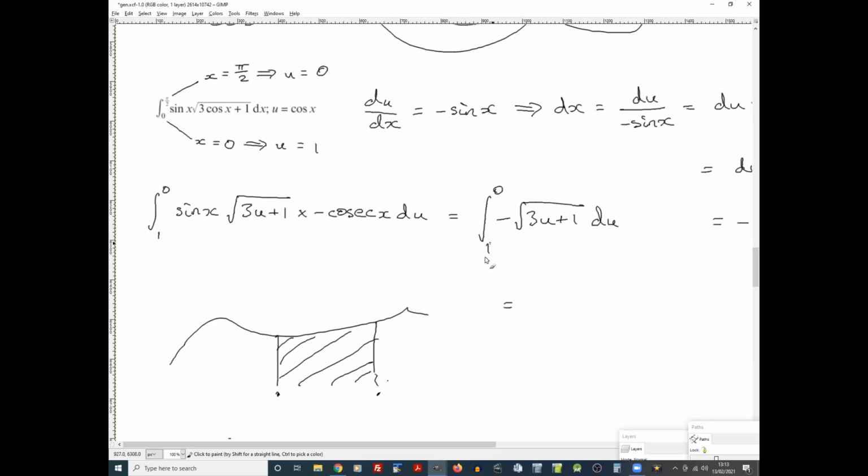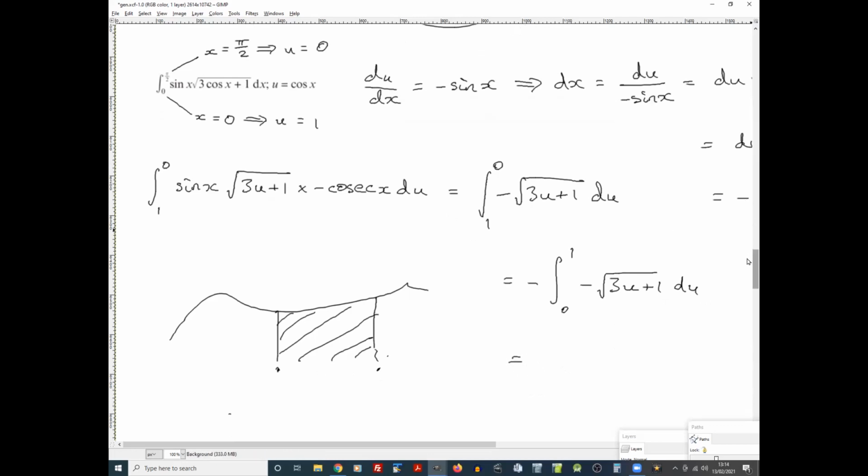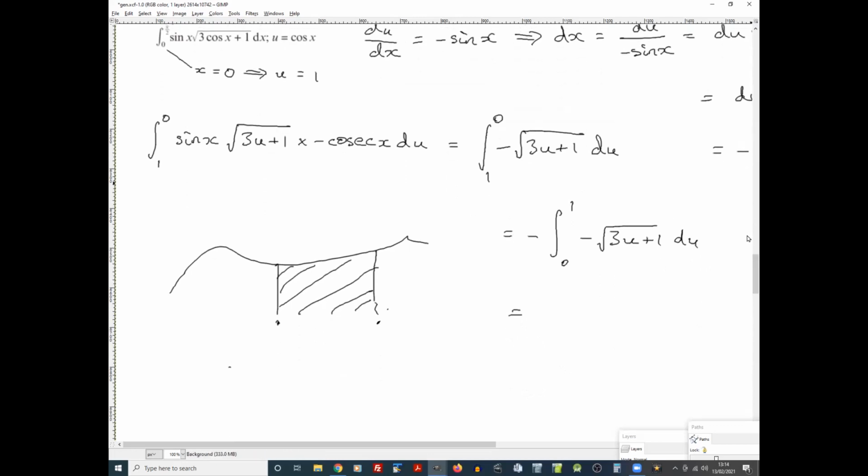Don't forget, we're going to be subtracting this result from that result. So we would rather write it as minus the integral from 0 up to 1. All right, okay. But if we do that, we've got this, haven't we? So we could say 3u plus 1 to the minus 1. No, to the half, sorry.